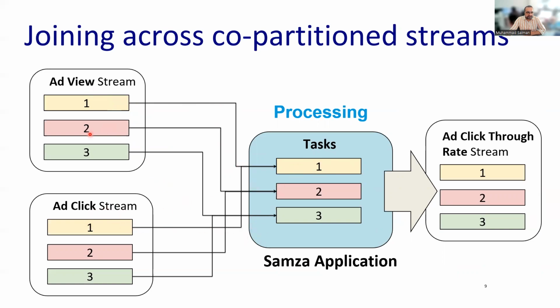Likewise, from the second partition, the data is coming to the second processor. Processing each task, we have some meaningful data for each of the tasks. For example, the ad click-through rate stream on number one, number two, and also number three.